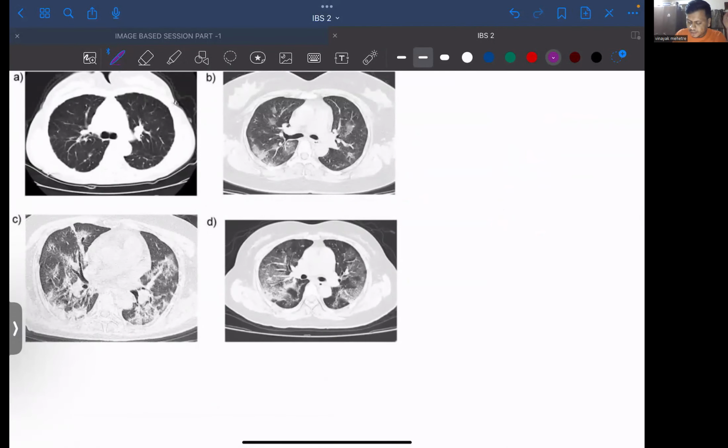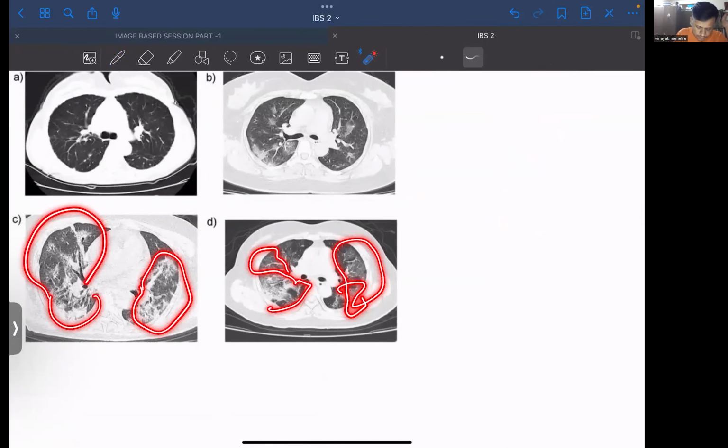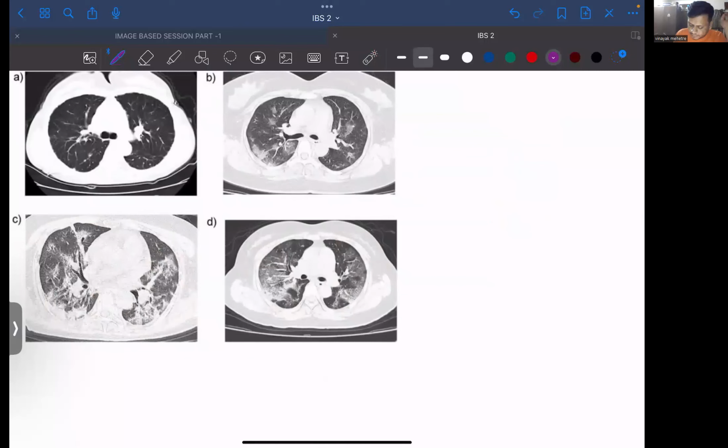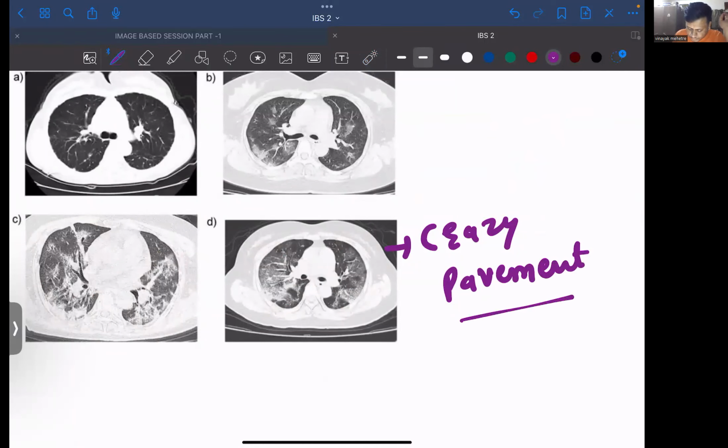Whenever you are not able to understand a CT scan, who is so whitish? इसी को बोलते हैं हम क्रेजी पेवमेंट. क्या बोलेंगे हम इसे? क्रेजी पेवमेंट.